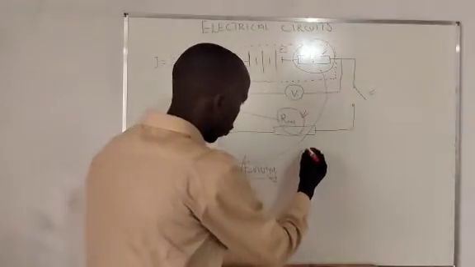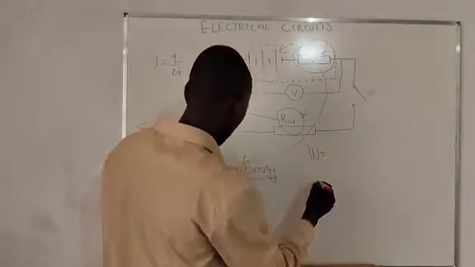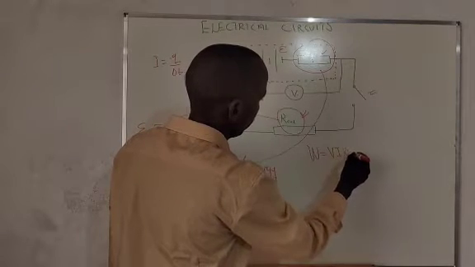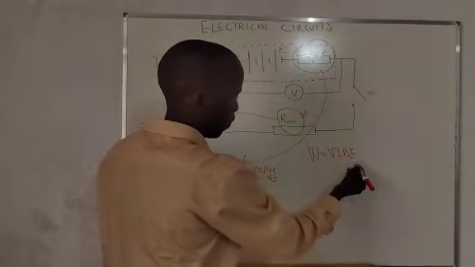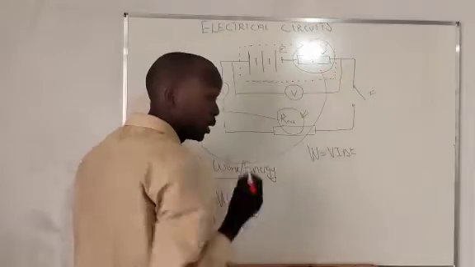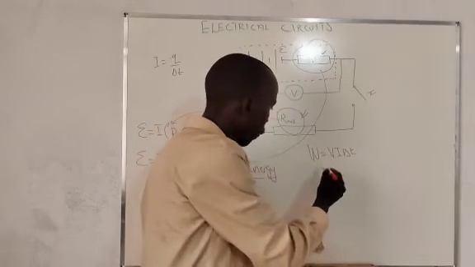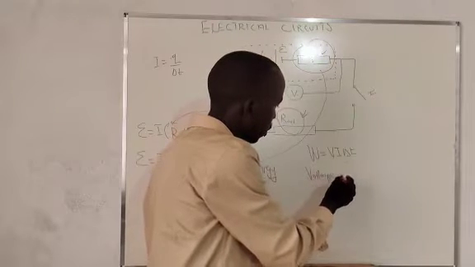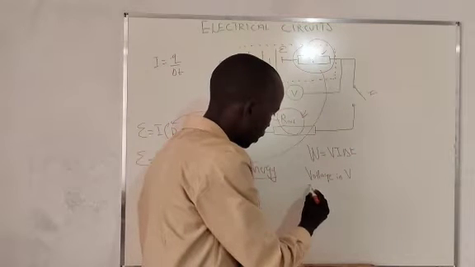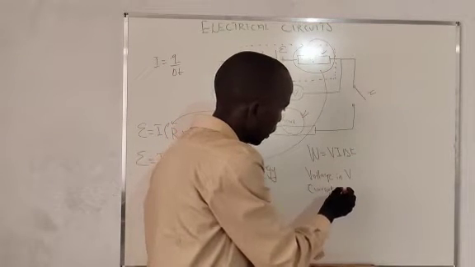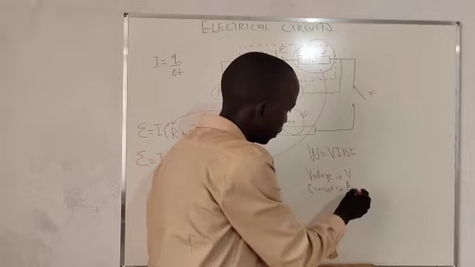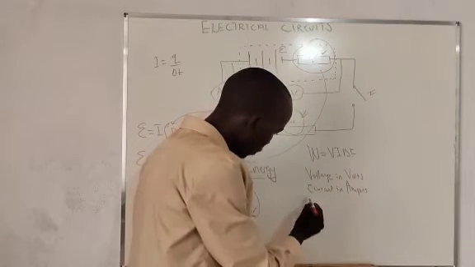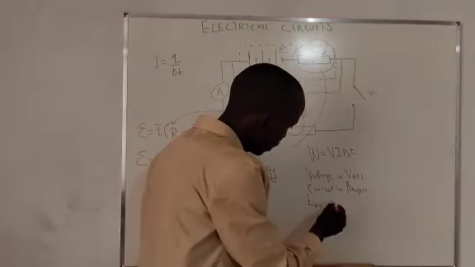So energy is given by V times I times delta T. Remember, voltage must always be in volts, current is always in amperes, and time has to be in seconds.